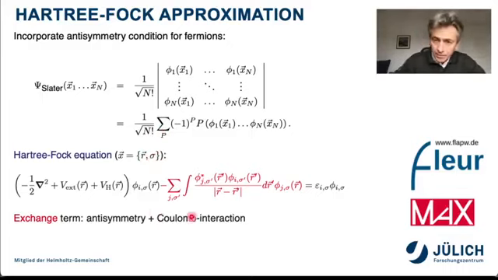And we have now an equation that looks like the Hartree equation in the first part. The second part is the so-called exchange term, which is a little bit more complicated and again depends on all the other orbitals and other spins. This term actually describes the antisymmetry and the Coulomb interaction of the particle.